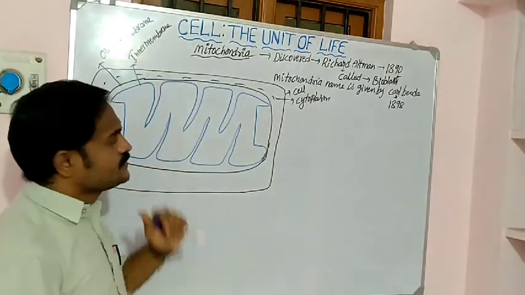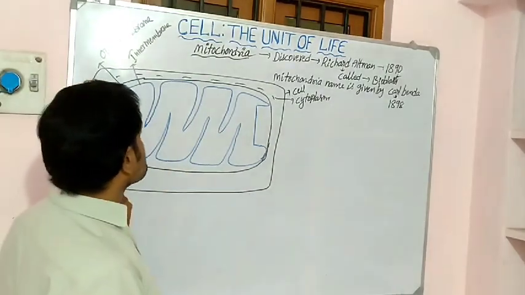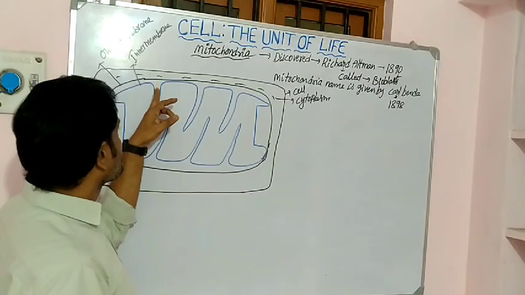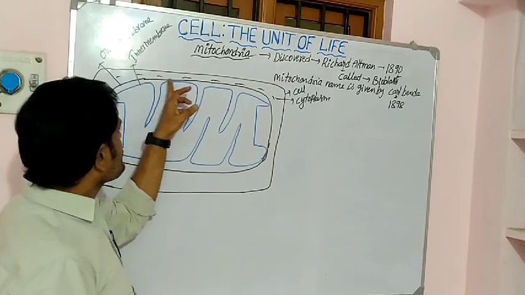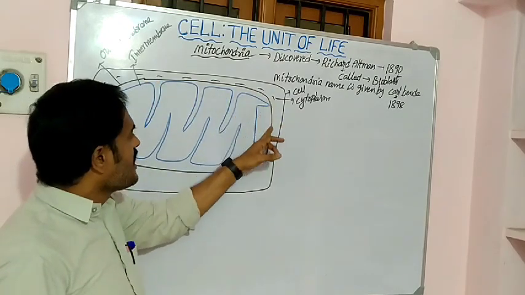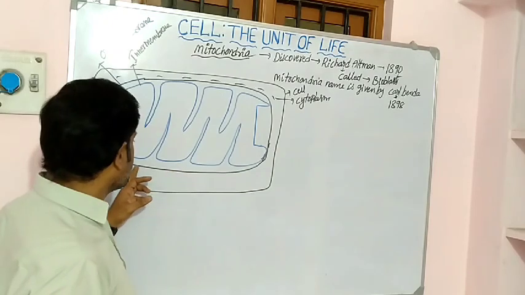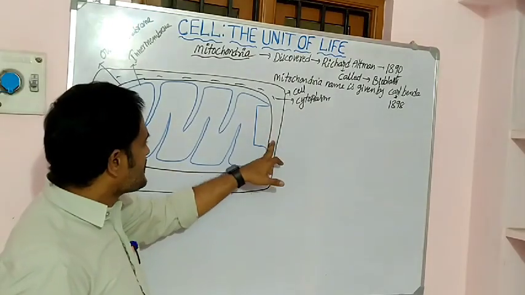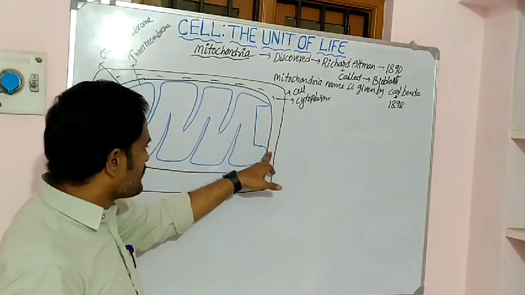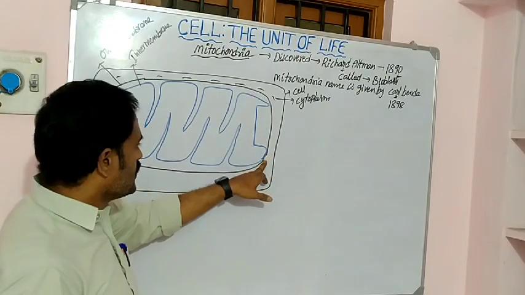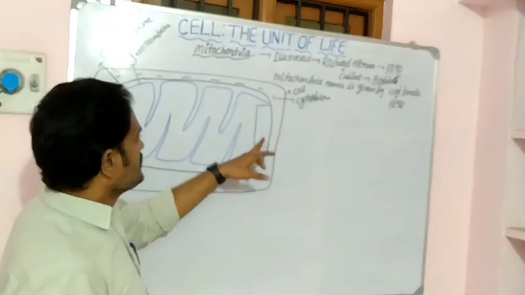It consists of two compartments, the outer compartment and the inner compartment. The outer compartment has no folds. See here, it is a flat membrane. It looks flat. It has no foldings.